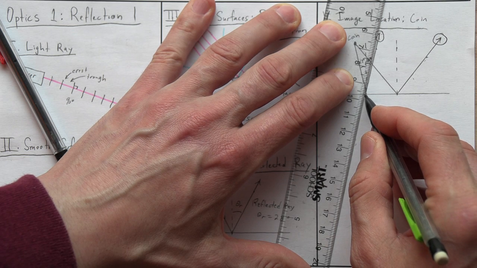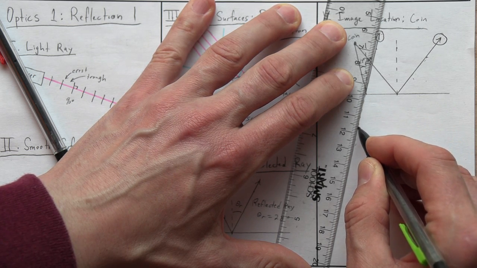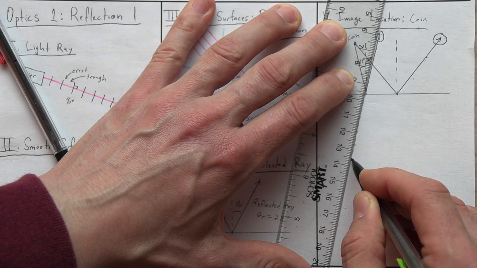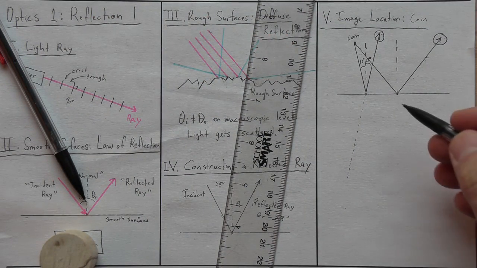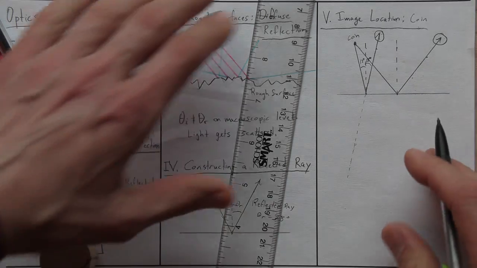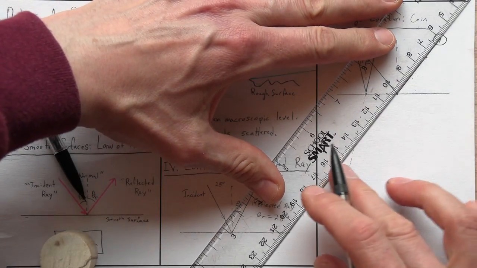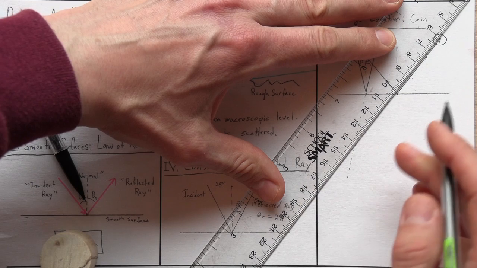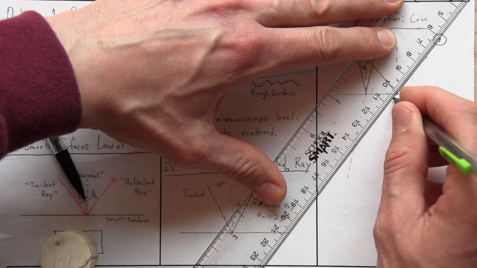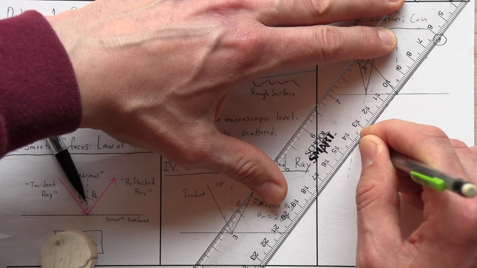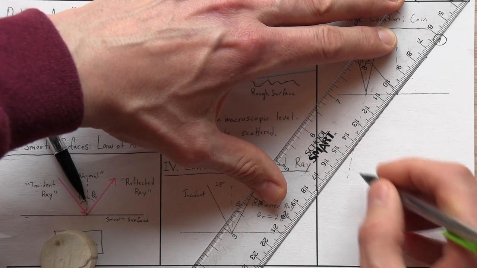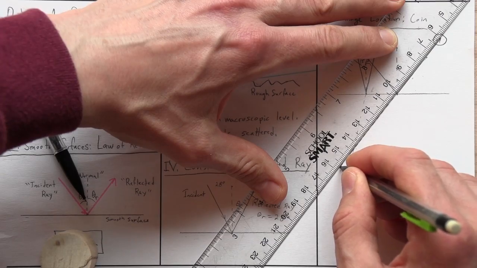I'm going to extend this line coming from the other, going into the other eye. Again, this is happening in your brain. And I guess I could add a few more dots here.